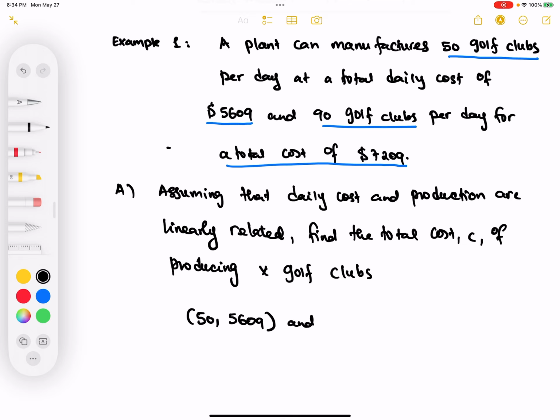And the second one is 90 golf clubs, a total cost of $7,209. Now we can use, let's say, a variable x1, this one is cost 1, x2, cost 2.